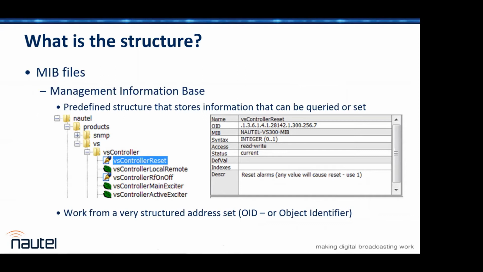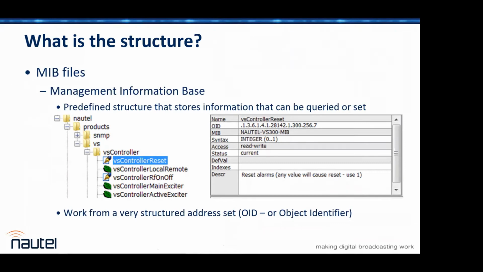And if you look at the OID, and again, we'll break it down a little later, the first 4 digits are going to be the same for just about everything that we do, because it's internet-based, DoD, or Department of Defense, and enterprise system. And then you've got the 4, which is private organization. The one after that, I forget what that one is. And the 28142 in this case is Nautel.